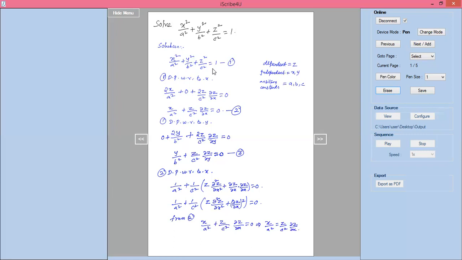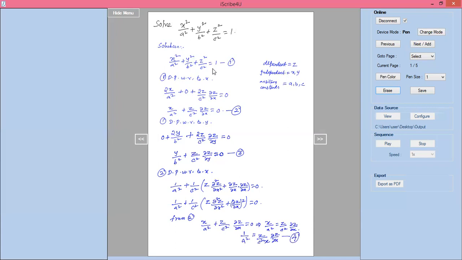Now, using this, we can write 1 by a square equal to z divided by c square x into dou z by dou x. Now this one I can take as equation number 4.